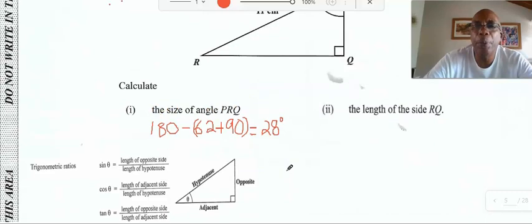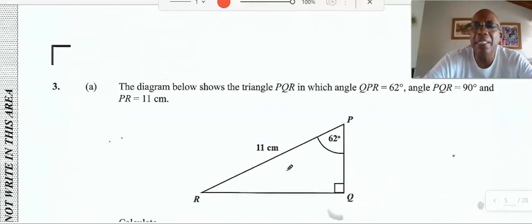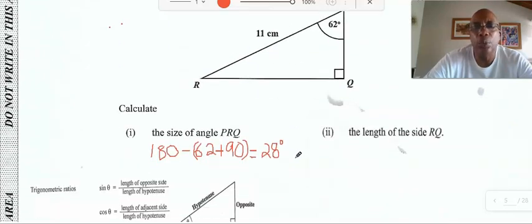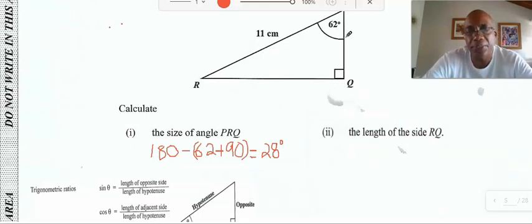So let's go back to the problem, and we see that we have to find the side RQ. The angle we have is 62 degrees. So we note that RQ is the opposite side.